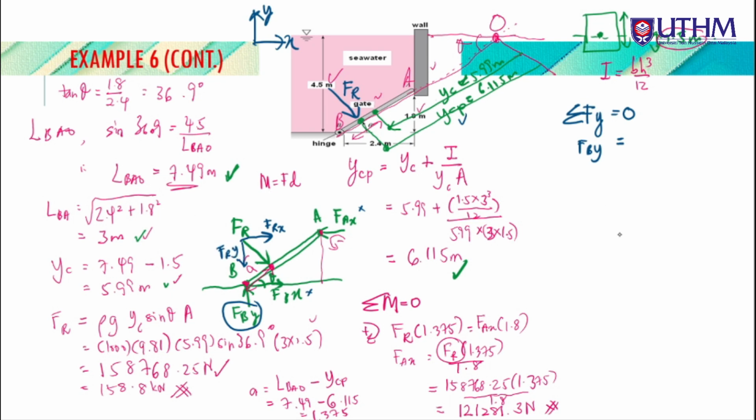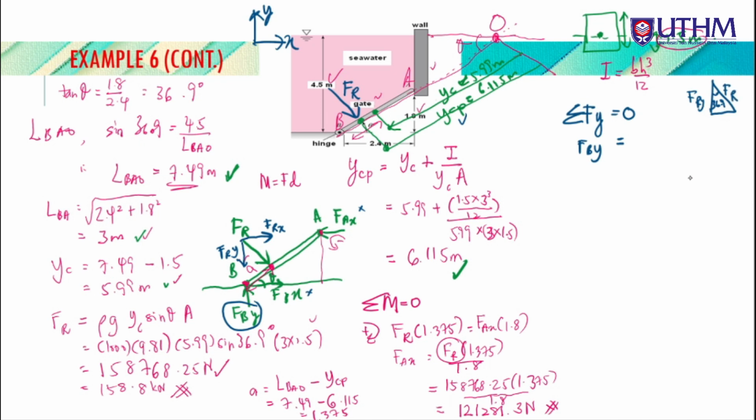Fry ni dia adalah komponen, so kita boleh lukis sikit lah trigo. Kita banyak bergantung pada trigo sebenarnya. Fry kita tahu yang ni tadi adalah 36.9, dan yang ni kita tahu adalah Fr.